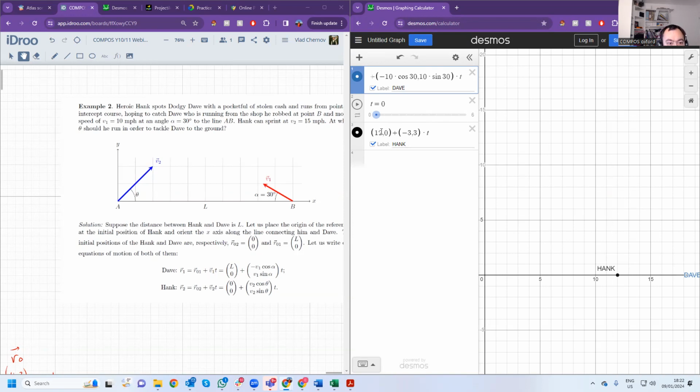And Hank starts from 0, 0 plus V2. V2 is 15. So 15 multiplied by cos theta and 15 multiplied by sine theta.